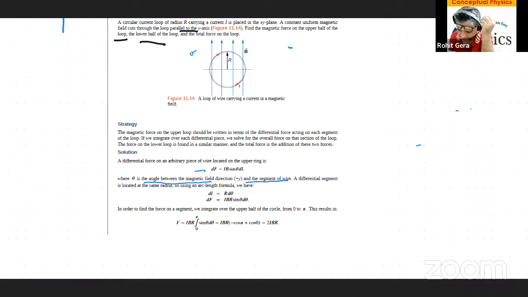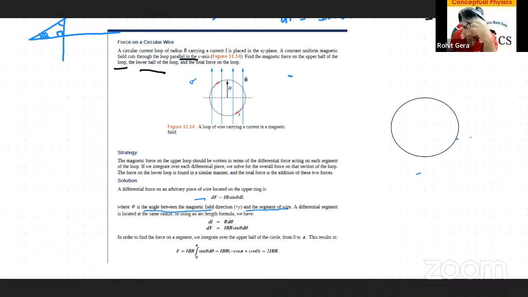He has picked up any small part, and you know this is the direction. Pick up any small part.